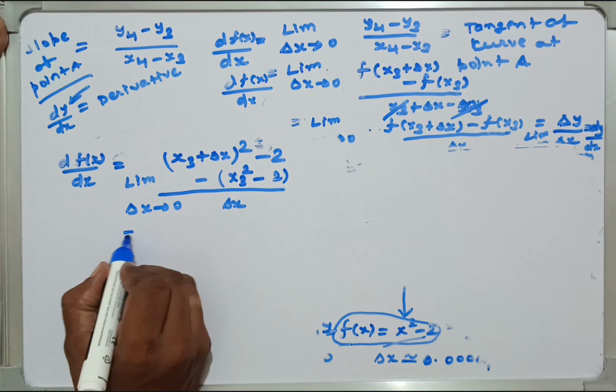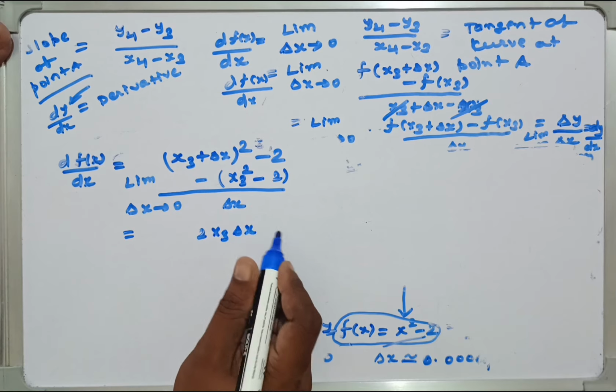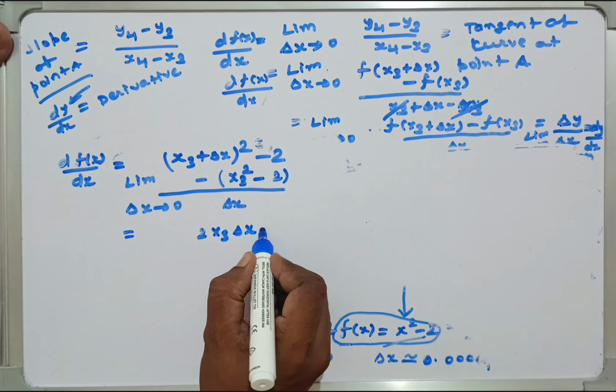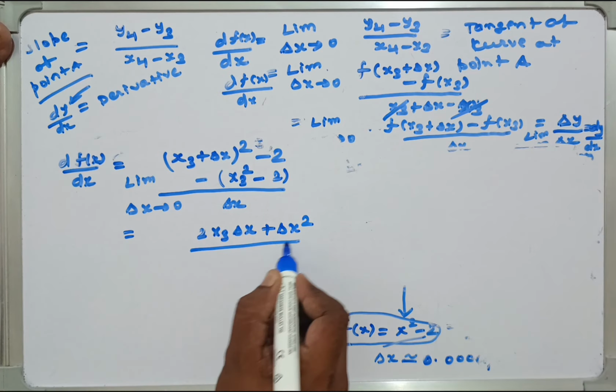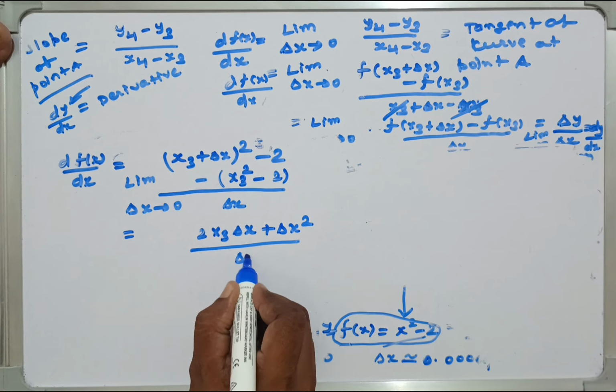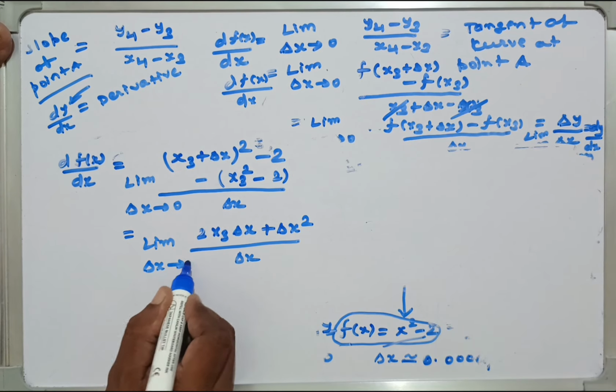So we get 2x3 delta x plus delta x whole square, divided by delta x, with limit delta x tending to 0.